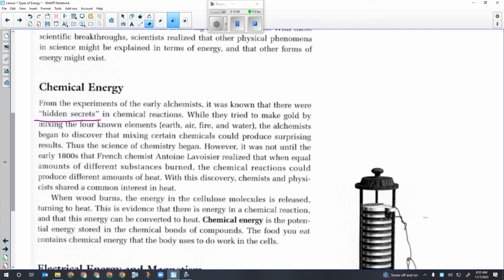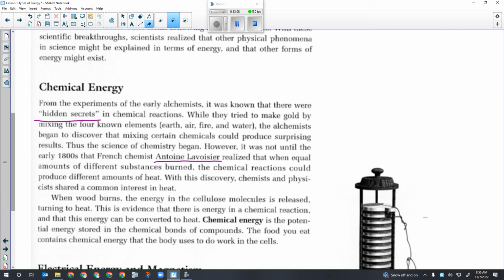It was actually Lavoisier who did an experiment to kind of quantify this. He took different kinds of fuel and he burned equal masses of them. So he burned a kilogram of wood, a kilogram of fuel oil, a kilogram of coal. And he found that when he burned these different fuels, they made different amounts of energy. That is, they made more heat or thermal energy when they were burned.